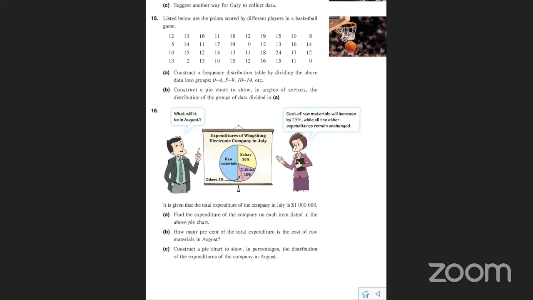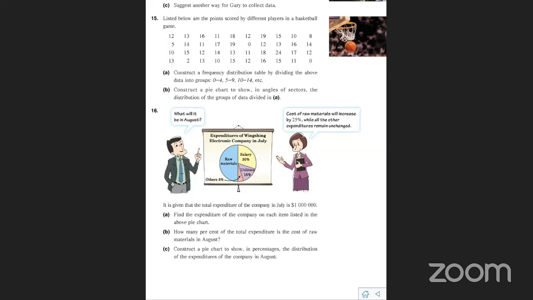It means after looking at this chart, this gentleman asked the lady this question: what will it be in August? Because this one shows the case in July. And then this lady answers the gentleman. For that, you can see that there's something called raw materials.